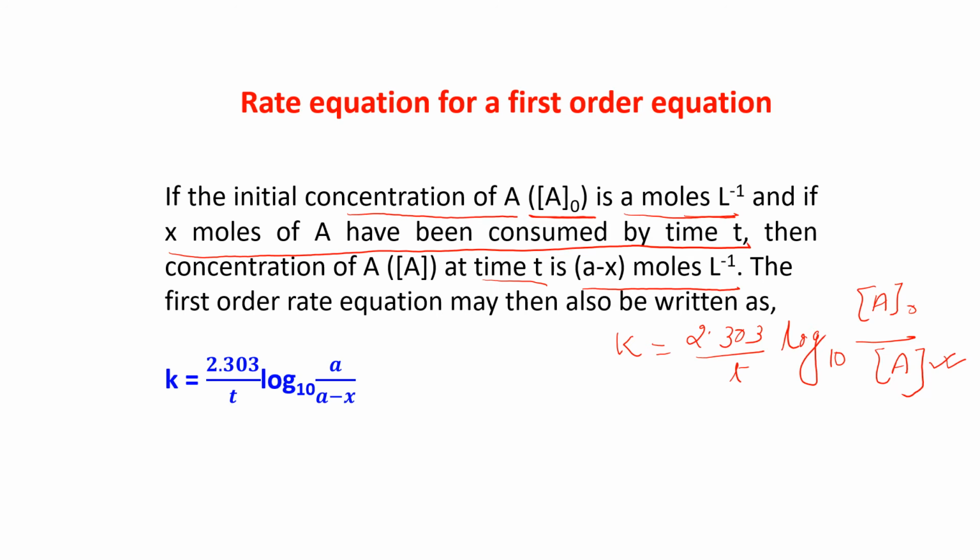So this first order reaction can also be written in this way. k is equals to 2.303 by t log 10, in place of A0 it will be a, divided by, in place of A, it will be a minus x. Am I clear, children?